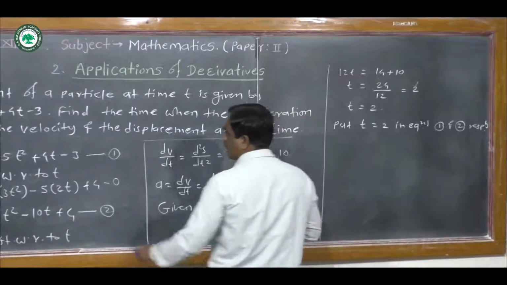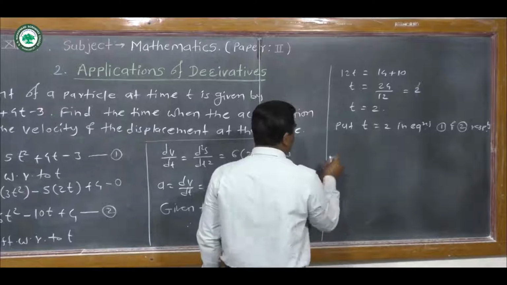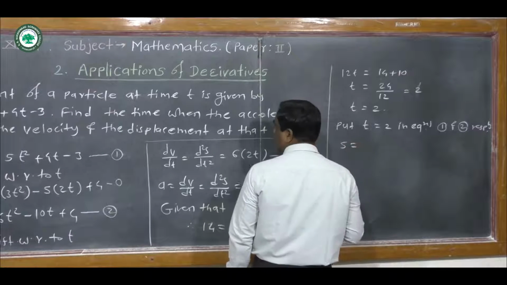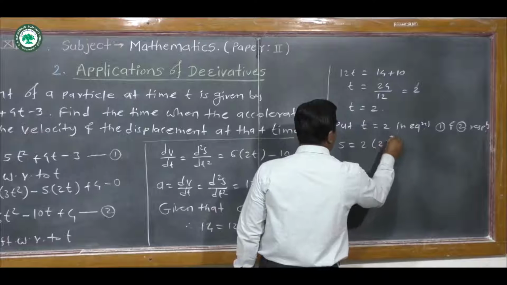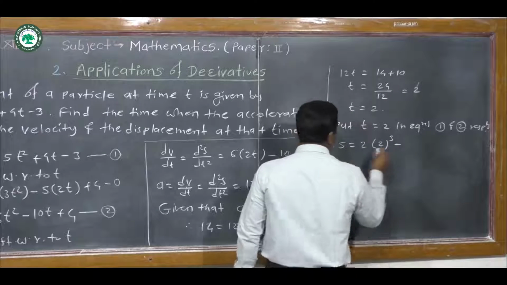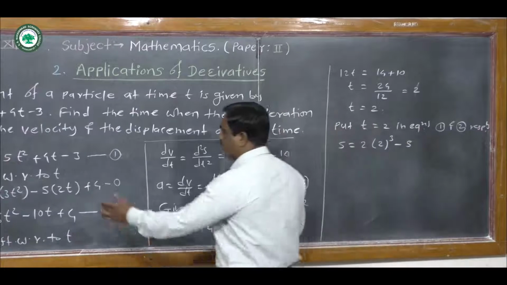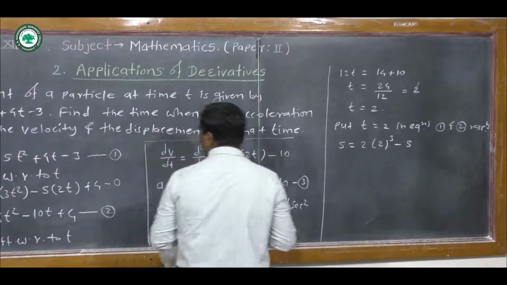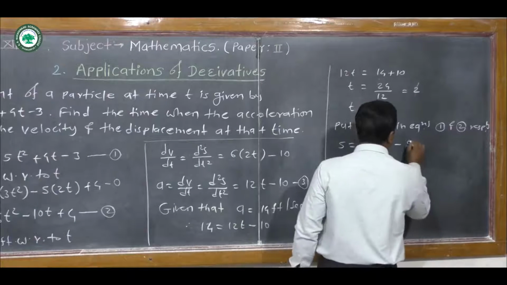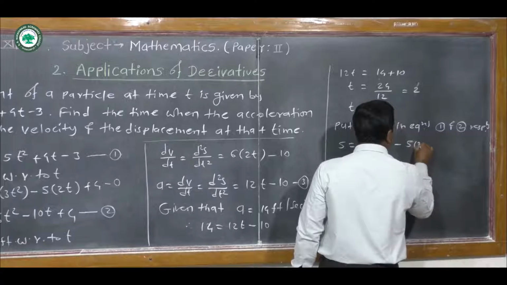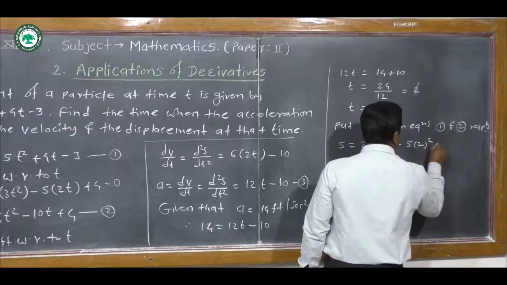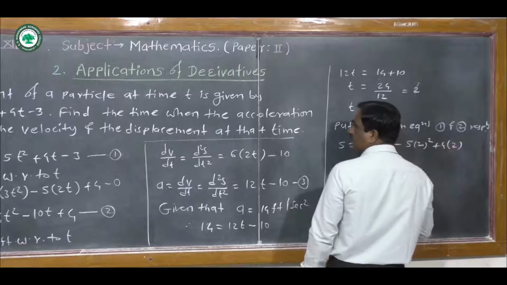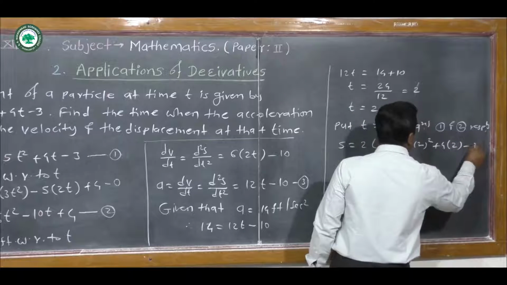Now put in equation first, that is s equal to 2 into t cube, means 2 cube, minus 5 into t square, here the value of t is 2, therefore 2 square, plus 4 into 2, minus 3.